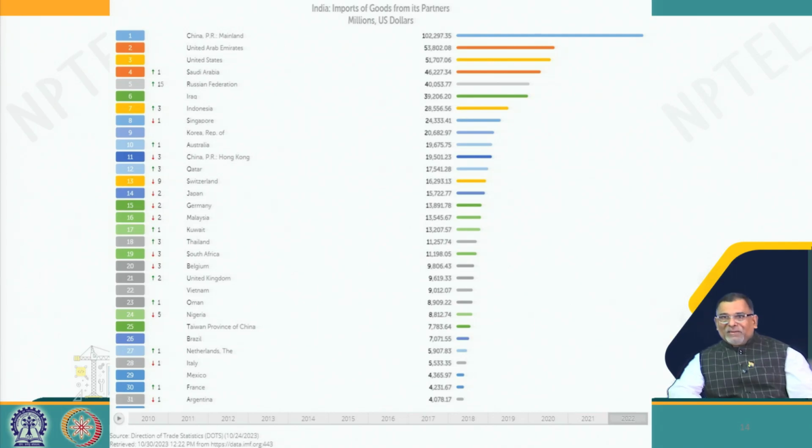So, you can see that if you take the Silk Route, those countries, and China, definitely the Silk Road passes through, and then to Mesopotamia at that point of time, whether it is Iran or Iraq, and from there to the European countries.